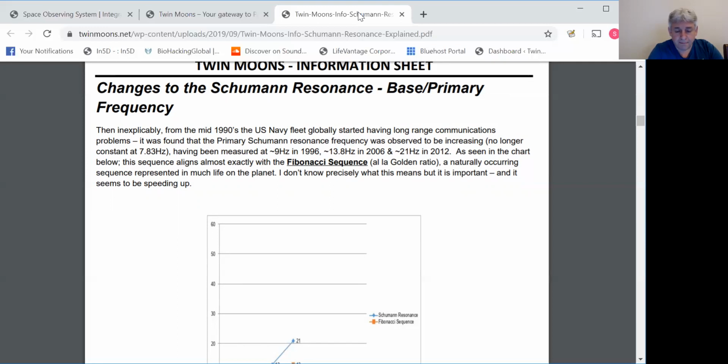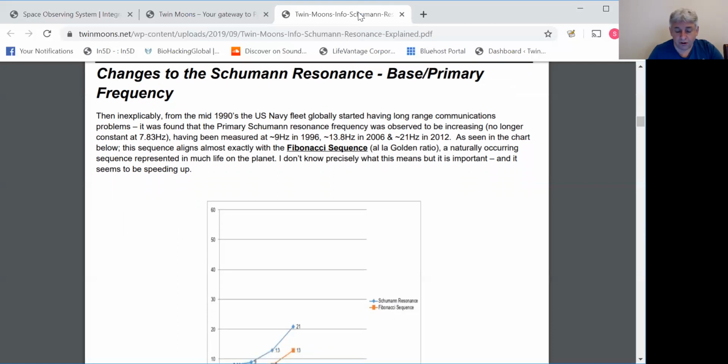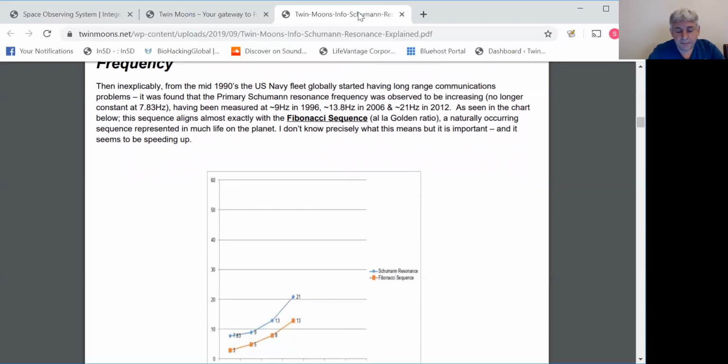will see that the peaks identified between the mid-90s and 2012 were very much correlated to the Fibonacci numeric sequence. Where you would have a starting point in the Fibonacci sequence, 0, 1, 1, 2, 3, 5, 8, 13, 21 would be the first 7 or 8 points in that sequence.